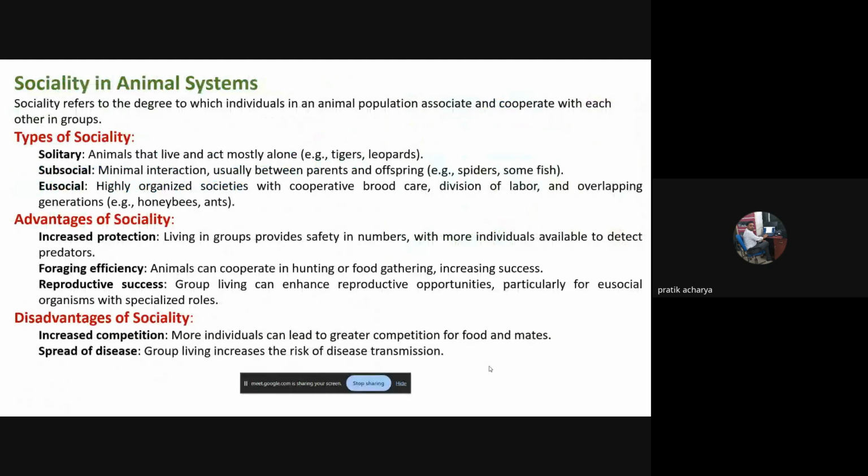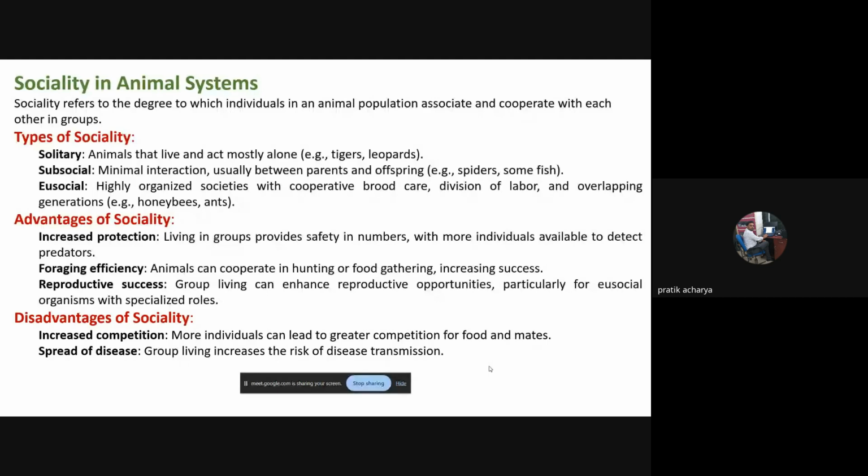What is sociality in animal systems? Different types of sociality, advantages of sociality, and its disadvantages. Sociality refers to the degree to which individuals in an animal population associate and cooperate with each other in groups.